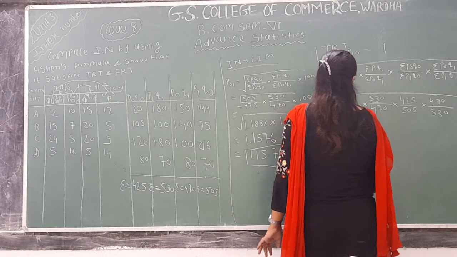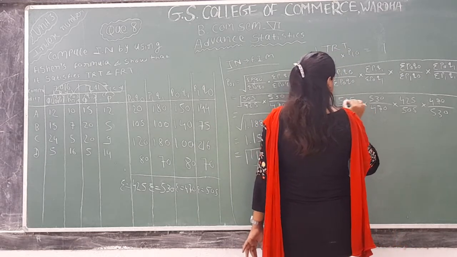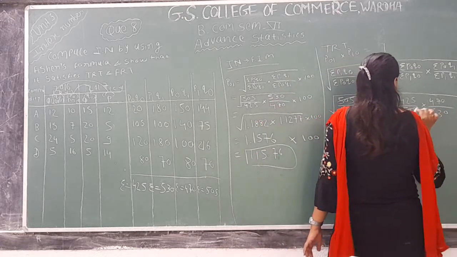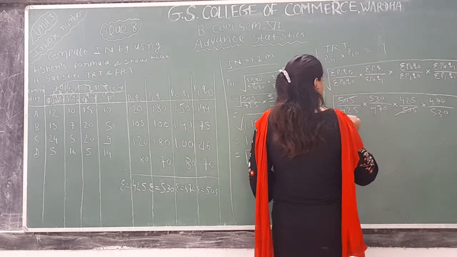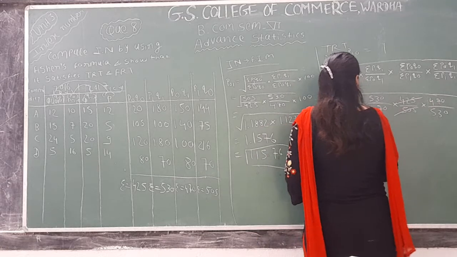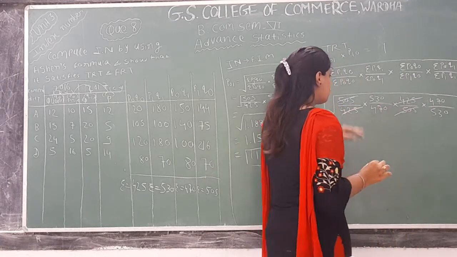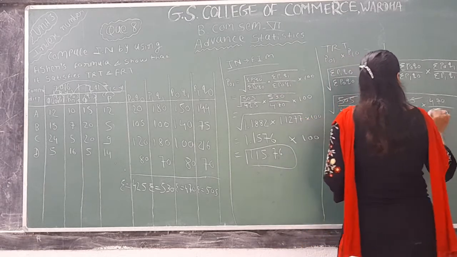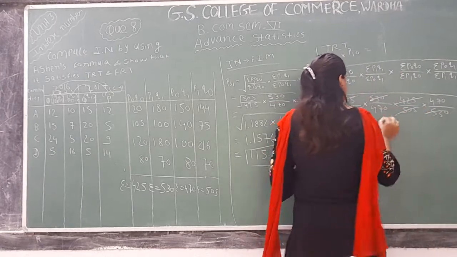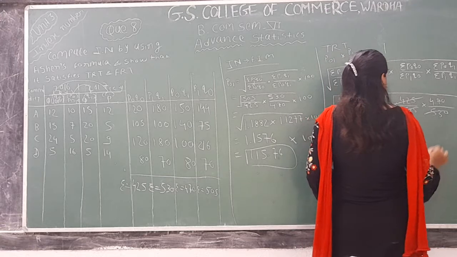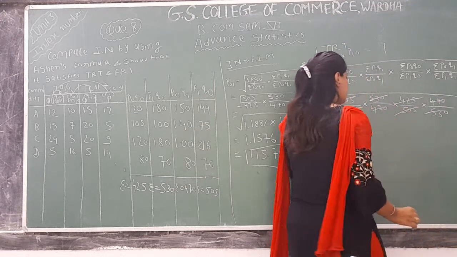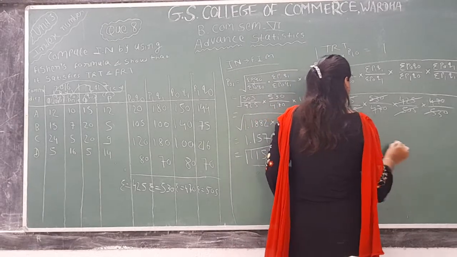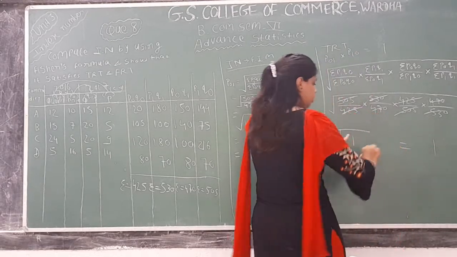Here the 505 in the numerator and the 505 in the denominator get cancelled. 425 in the numerator and denominator will also get cancelled, 530 will also get cancelled, and 470 in the denominator and numerator will also get cancelled. So we are left with the square root of 1, which is equal to 1.